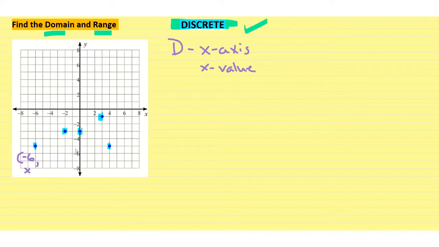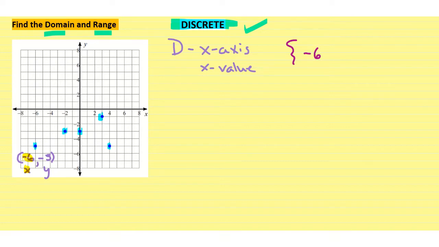And its y value is going to be at -5. So -5, that is the y value. But the domain only cares about the x value. We only care about this x value for the domain. So that actually would be the very first point that we would list for our domain. It's going to be a -6.